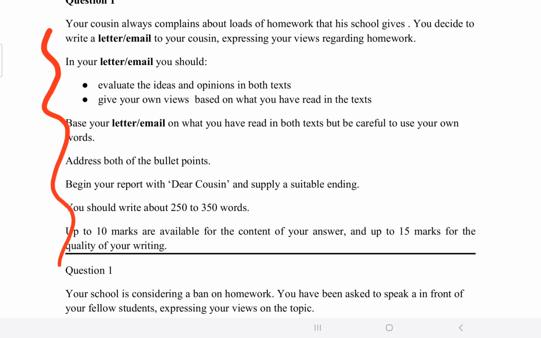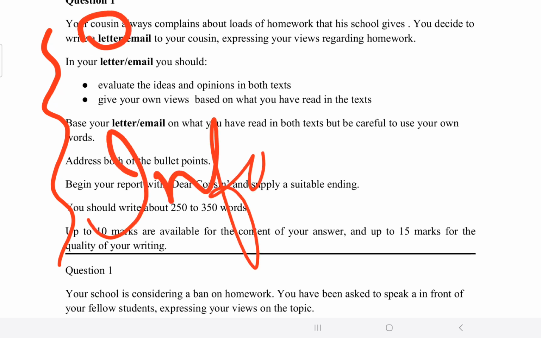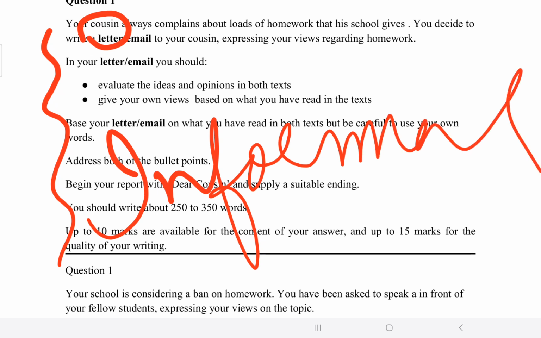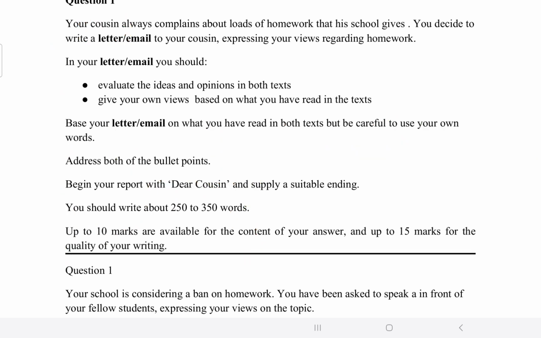Here is just one thing you should know, who is the audience. Your audience is your cousin, so it is going to be an informal email or informal letter. All these things here are the same except this line. And here the starting is given, dear cousin. If the starting is given, you need to follow that.